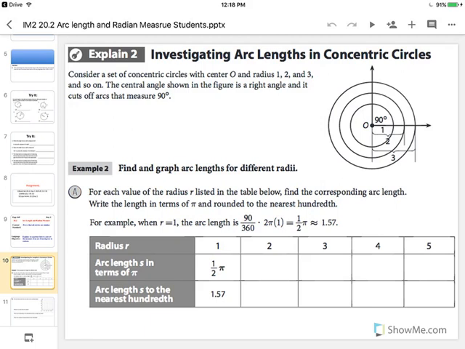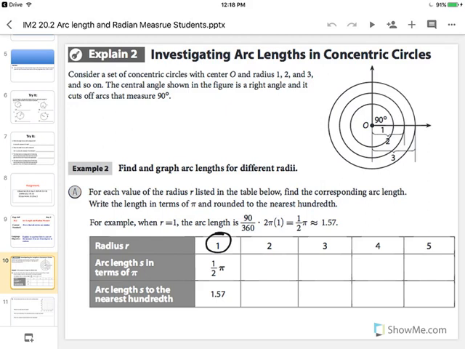Example 2a. For each value of the radius listed in the table below, find the corresponding arc length, write the arc length in terms of pi, and round to the nearest hundredths. So when the radius is 1, we have the arc length 90 degrees divided by 360 times 2 pi times 1, which equals 1/2 pi, rounded to 1.57.